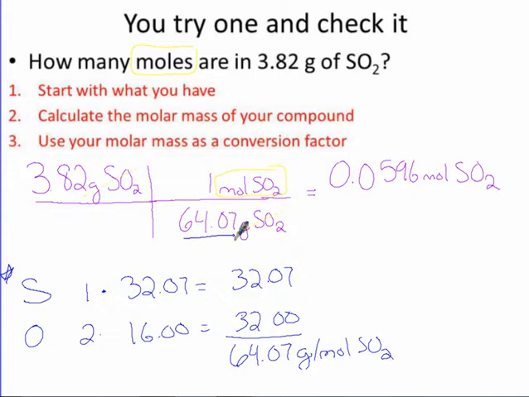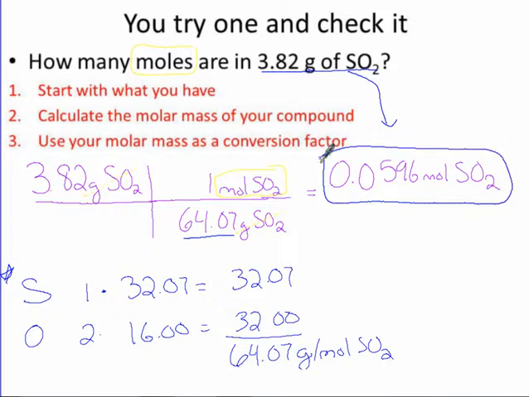Enter that here, multiply by 1, divide by that, and I end up with, in 3.82 grams of sulfur dioxide, there are 0.596 moles sulfur dioxide. Again, a one-step problem using the train tracks with just a different conversion factor.